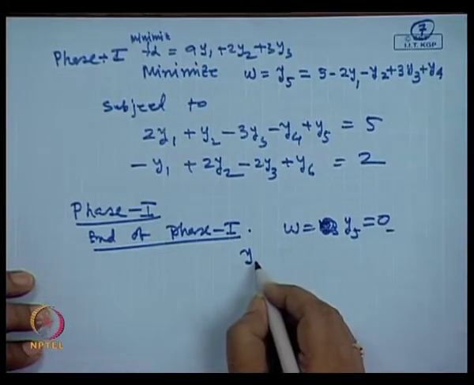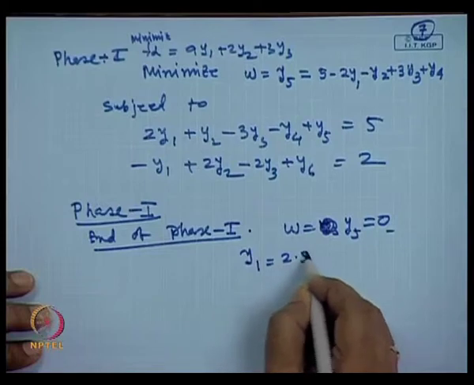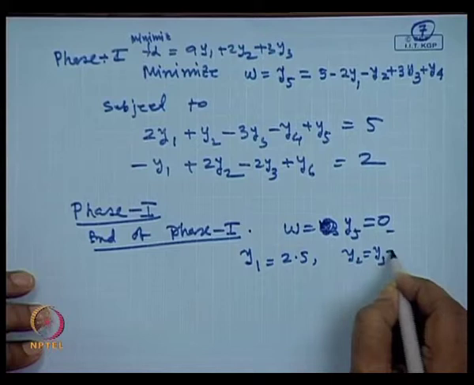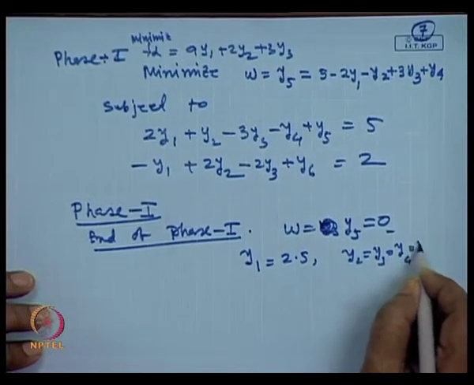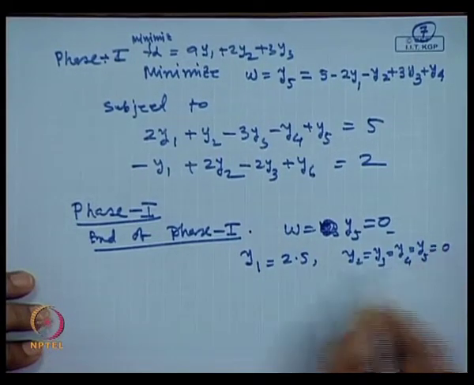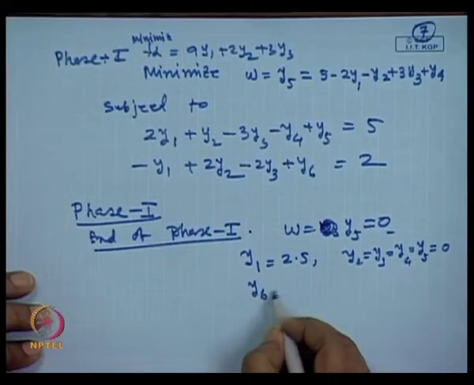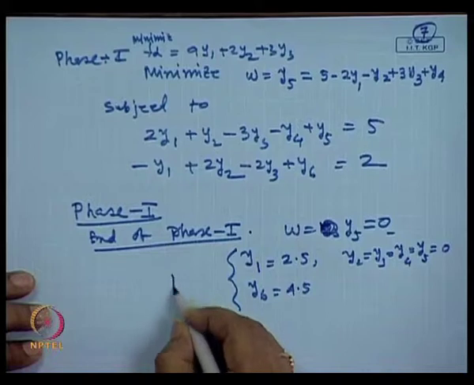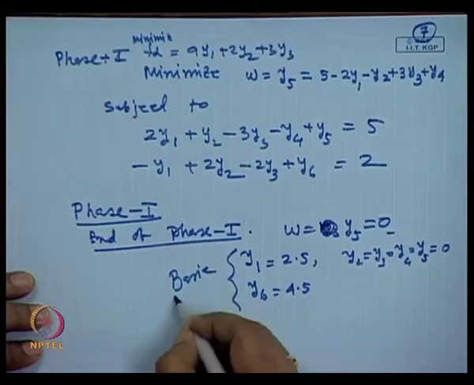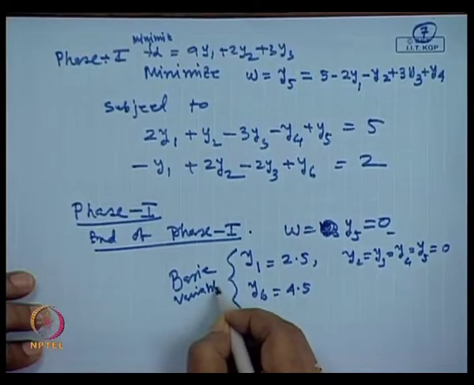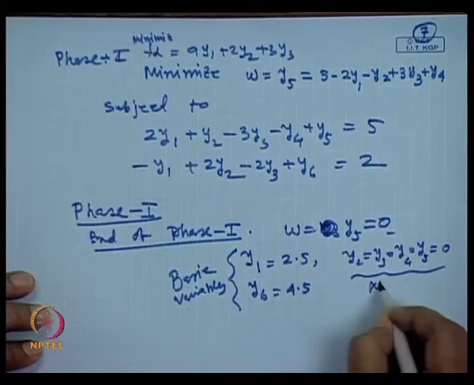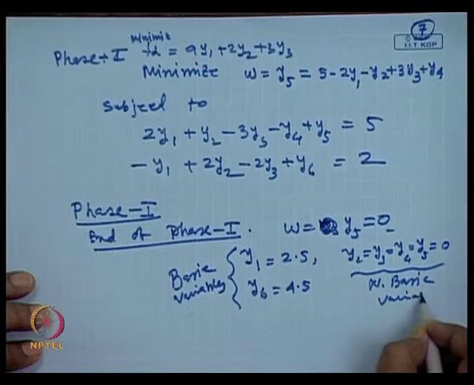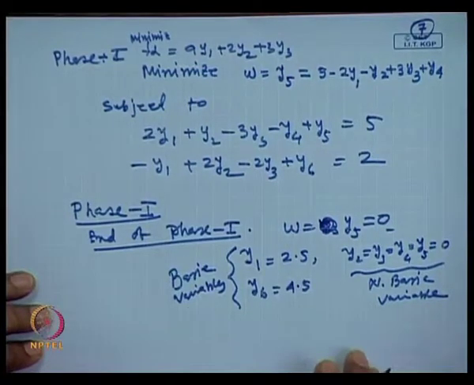Then you will get y1 value 2.5, y2, y3, y4, y5 values are zeros, and y6 value is 4.5. These are the basic variables you will get, and these are non-basic variables. So, this is the end of phase 1.